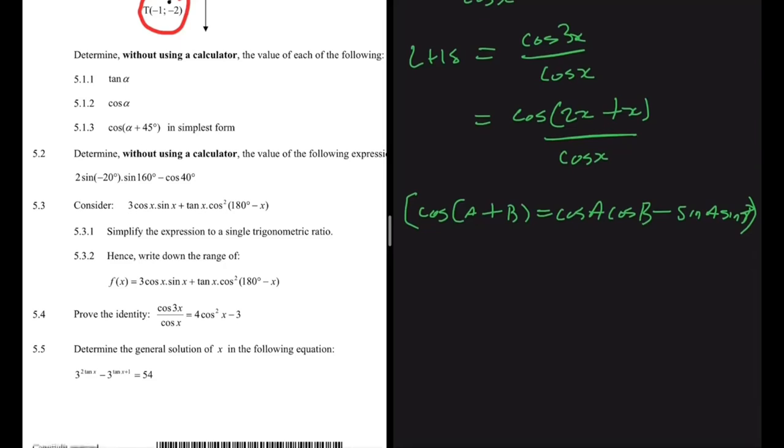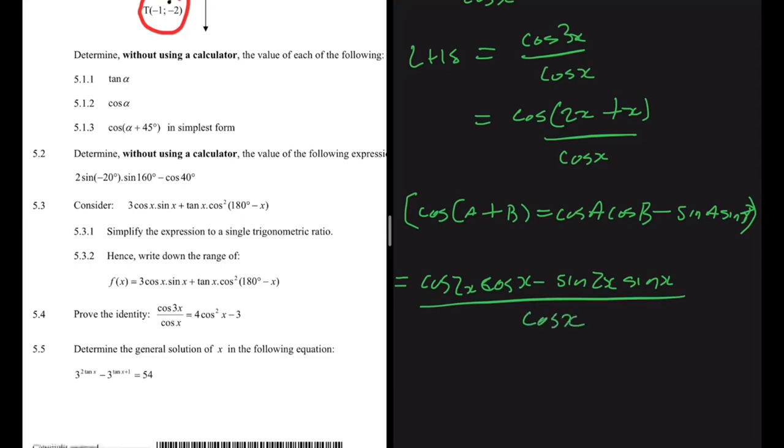And then now we have that being equal to cos of 2x cos of x minus sine of 2x sine of x, and then we divide everything by cos of x.